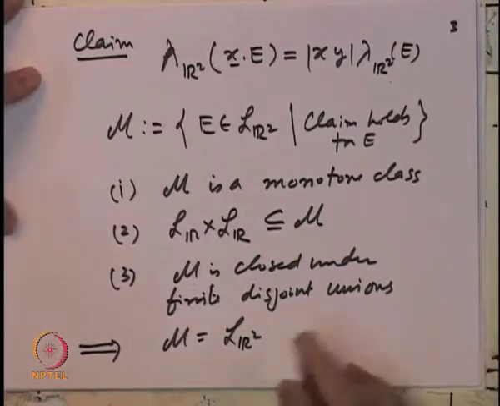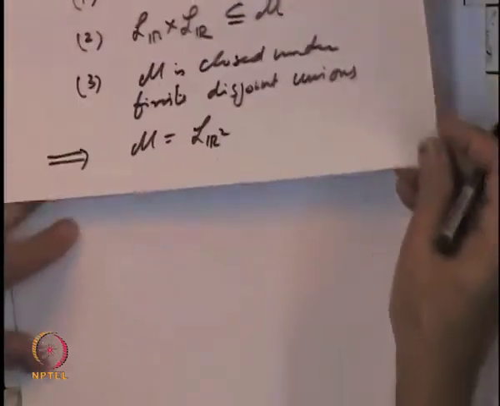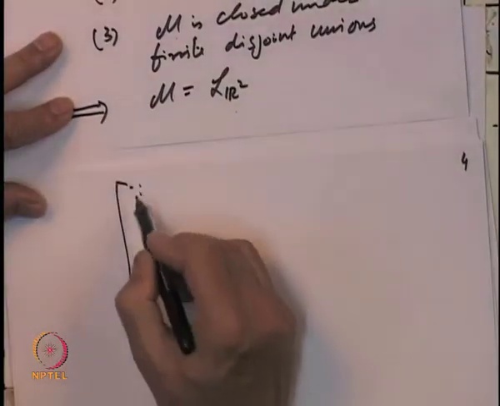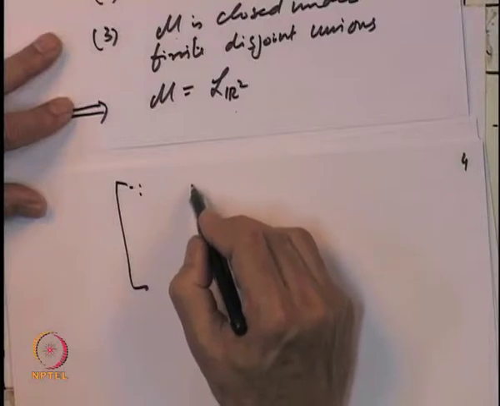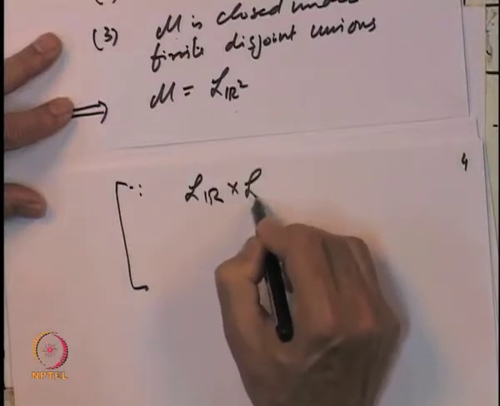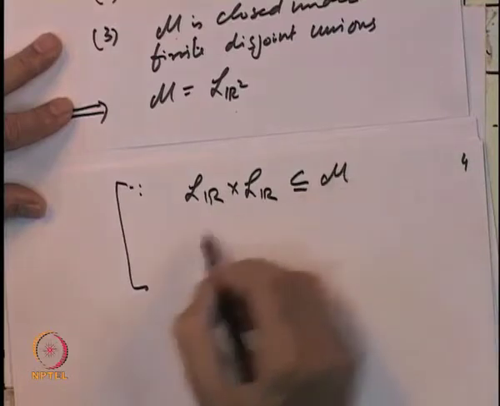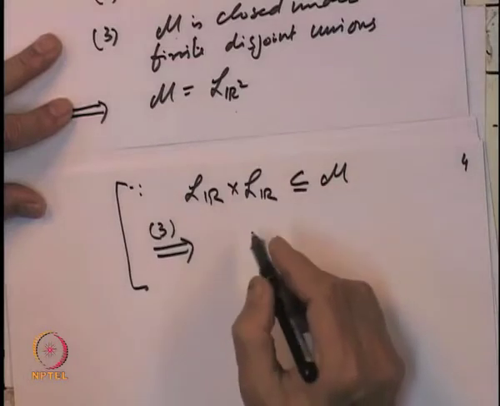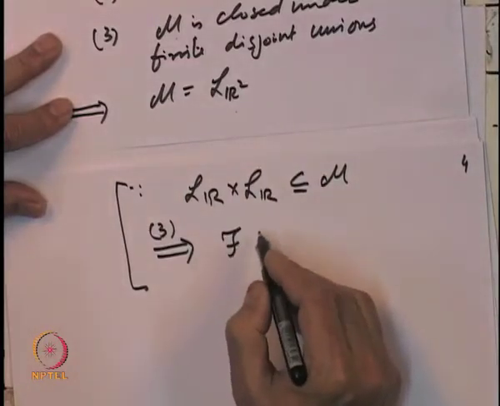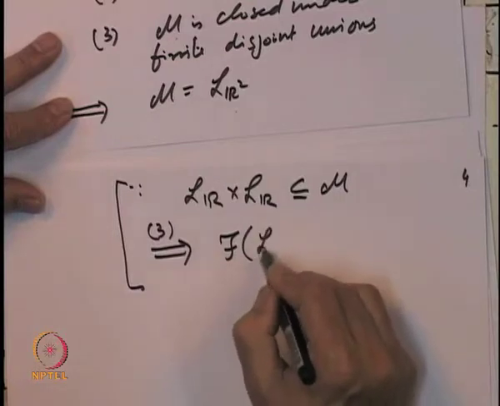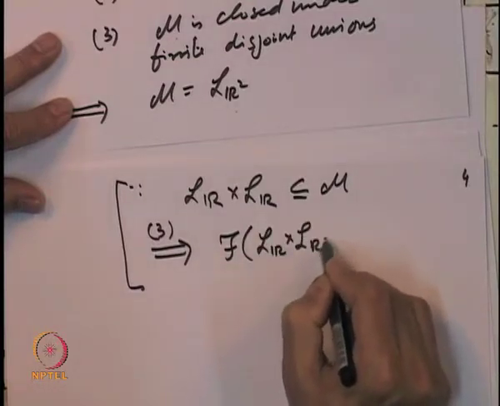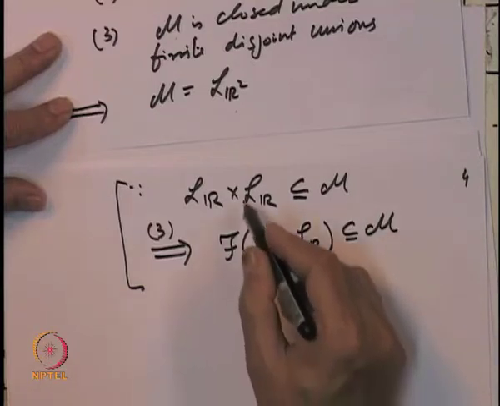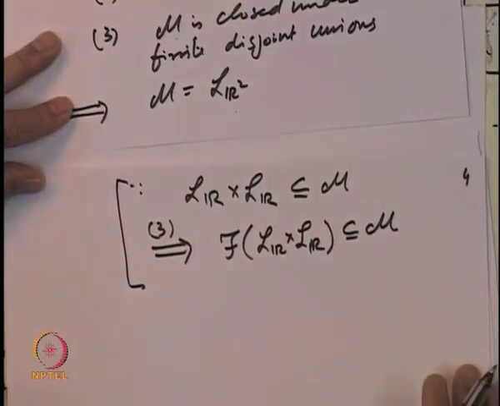So, let me just write these steps, that is why this will imply this. So, basically the reason is the following. Here is the reason why this will happen. L r cross L r, the rectangles inside M, will imply by step 3, finite disjoint unions, that the algebra generated by these rectangles will also be inside the class M, because the algebra generated by a semi algebra is nothing but the finite disjoint unions.